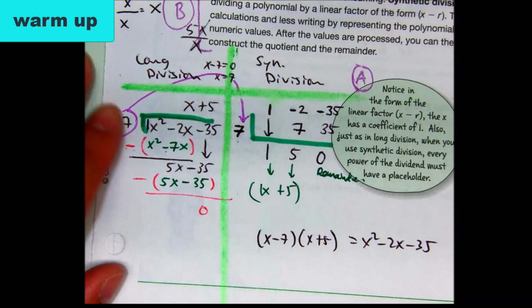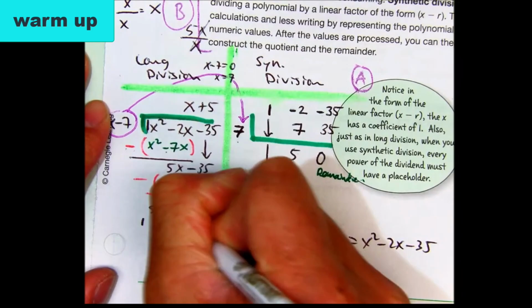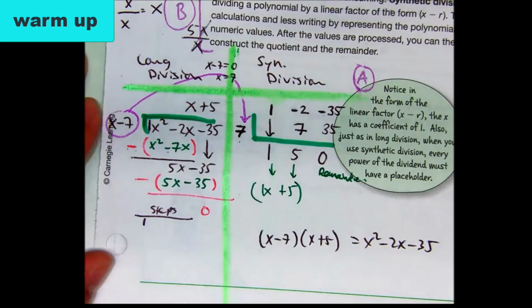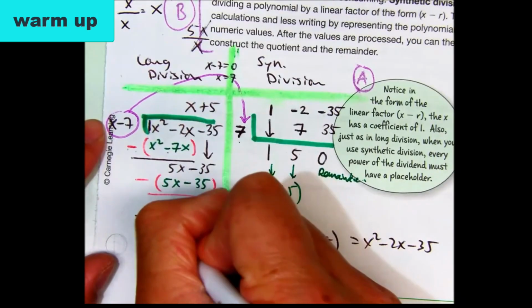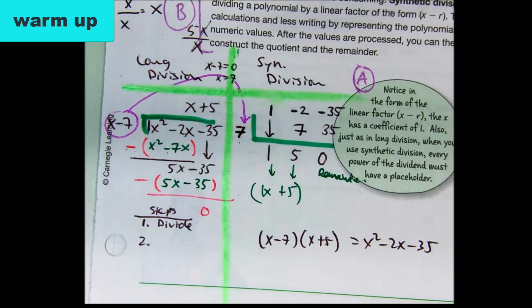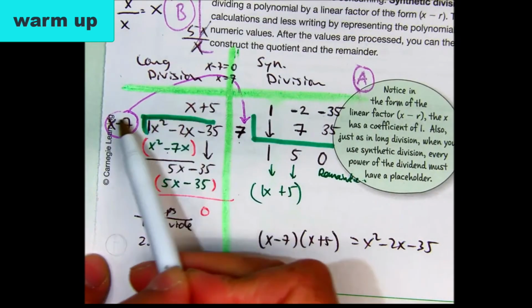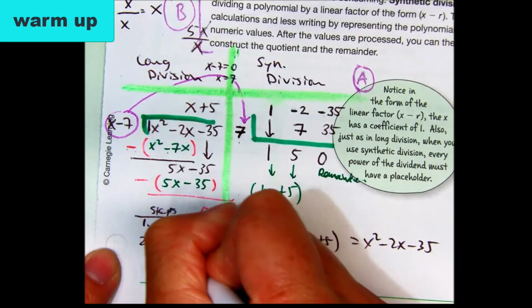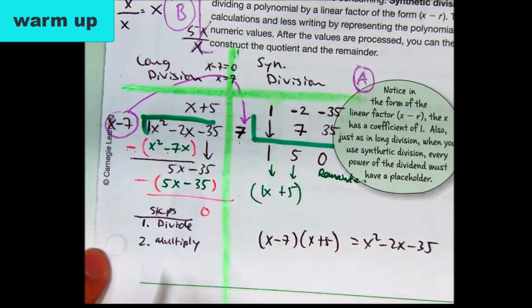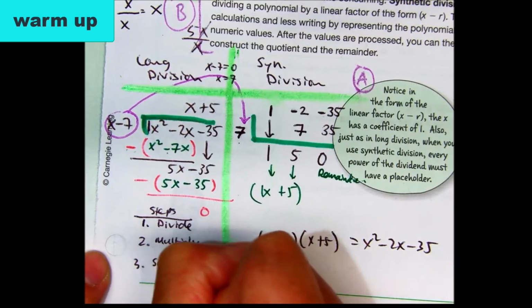Okay, over here for long division. Tell me the steps. What did you do first? Okay, we divide, right? Okay, what do we do after dividing? Subtract. Then we do what? Multiply. Then you subtract. Subtracting is essentially adding.